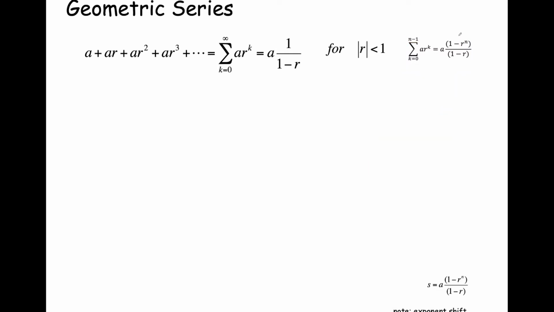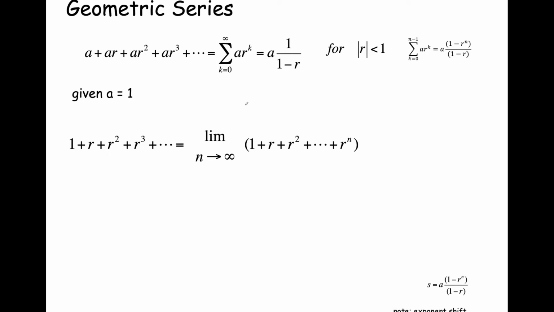And so what does this mean? What it means is that now let's set a equal to 1, because it doesn't really matter what a is. We're just going to talk about the constant factor. And so if a is equal to 1, if we consider the infinite sequence, well, really, that's just a sequence of the first n plus 1 terms, right?